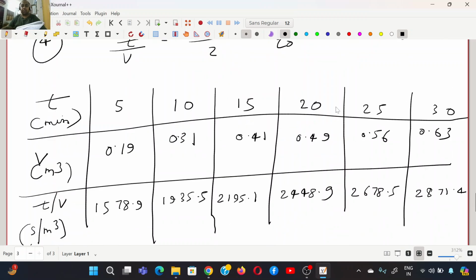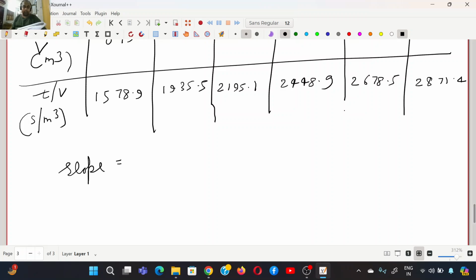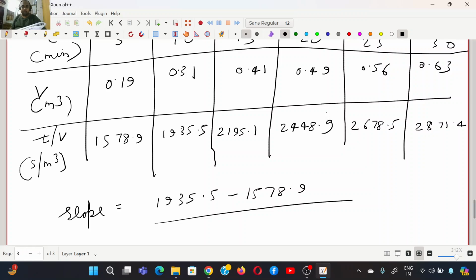So if we take the first 2 points, it is 1935.5 minus 1578.9 divided by 0.31 minus 0.19.